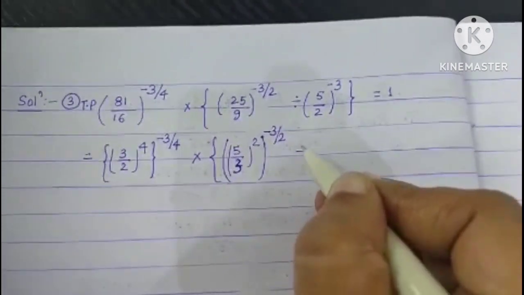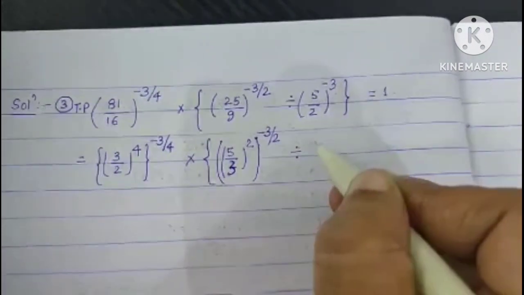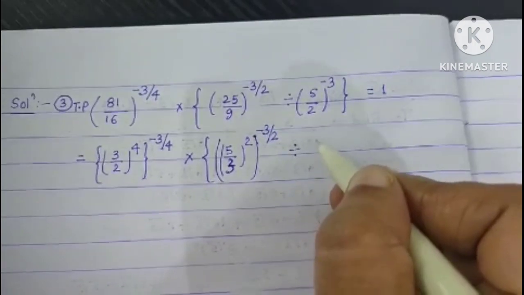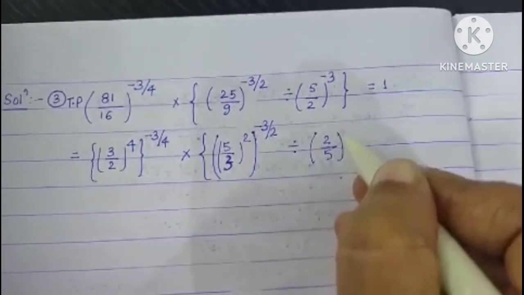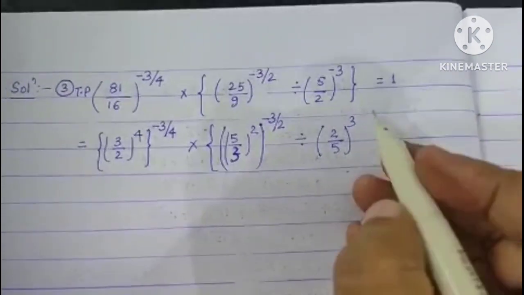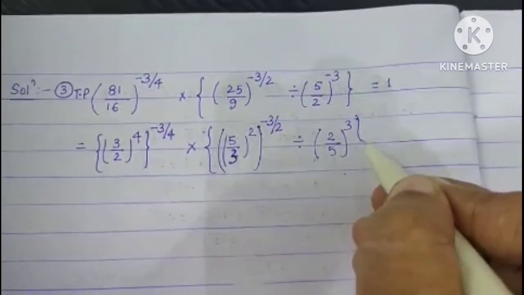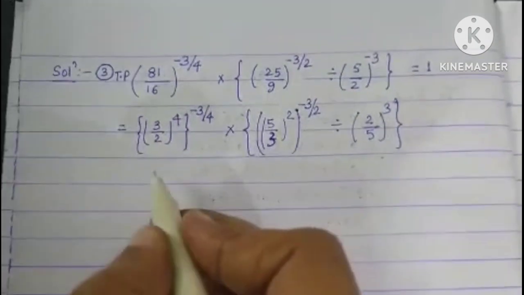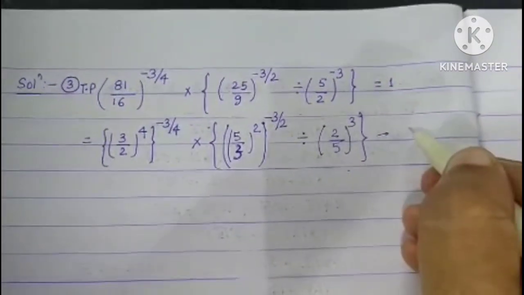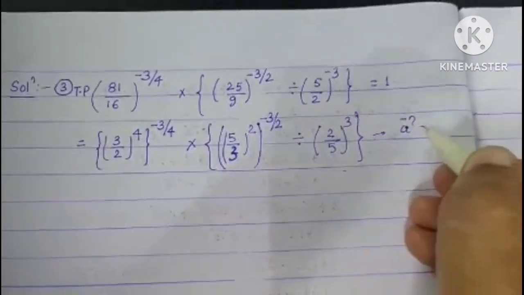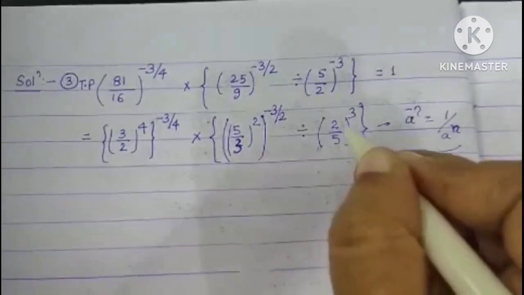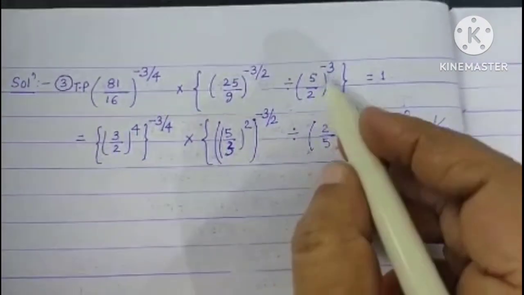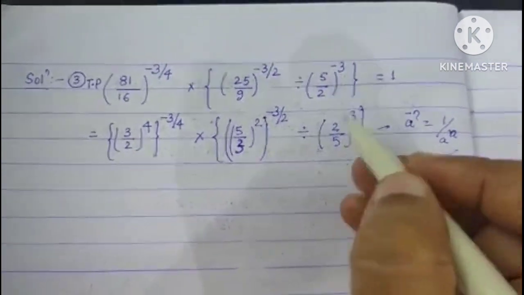Okay, now this is simple, this is 5 by 2 power minus 3, or you can write it 2 by 5 power 3, you can just inverse it, because you know a to the power minus n is equal to 1 by a to the power n. So we can write 5 by 2 power minus 3 equal to 2 by 5 power 3.